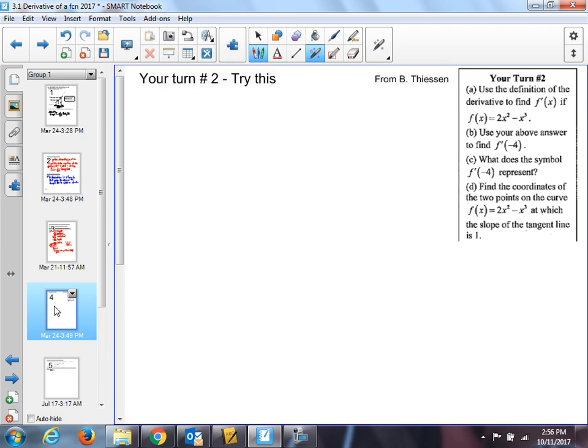Then you're going to use that to find f prime of -4. What does that represent? It's the slope of the tangent line at x equals -4. And then you've got something else to try out afterwards too. It will take you a full page. I'll leave that with you to do. I'll pause this recording.